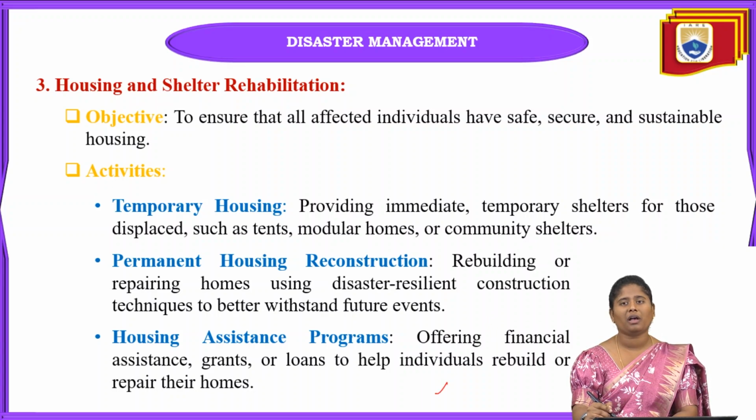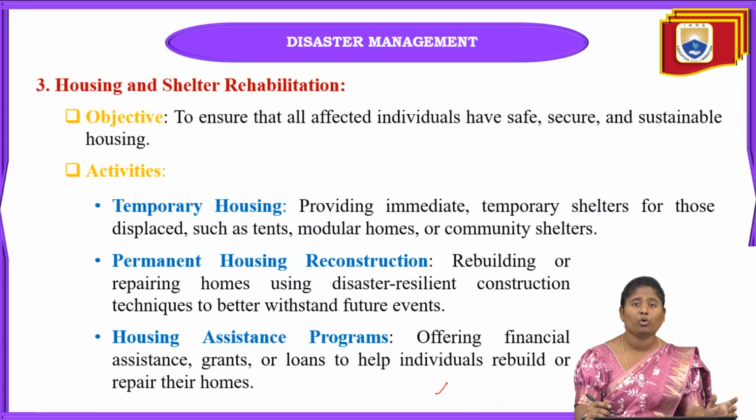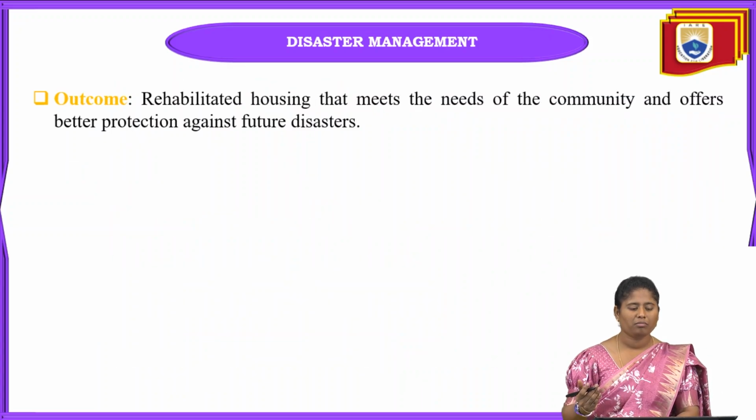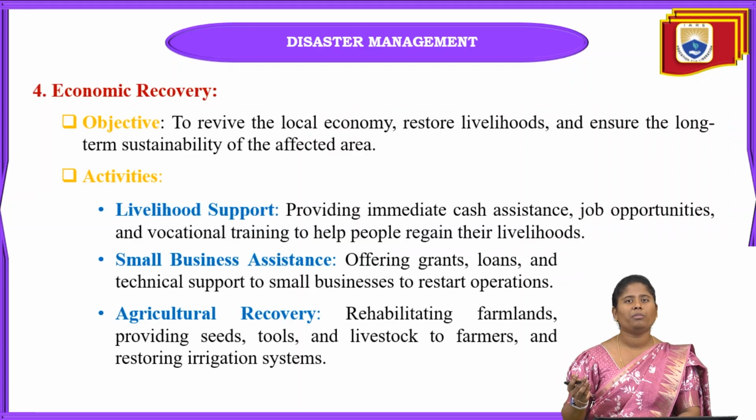Next is housing assistance programs. Here we have to offer financial support or loans to individuals to rebuild their houses also. Okay. What is the main outcome of this? Rehabilitating housing that meets the need of the community and gives better protection against another future disaster.